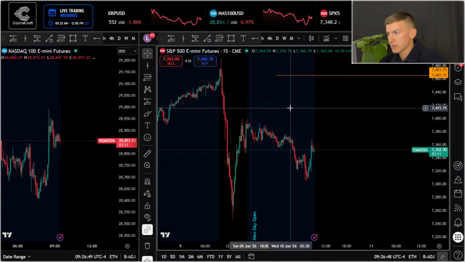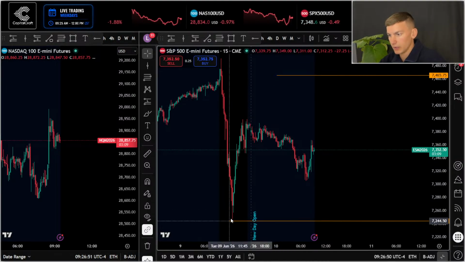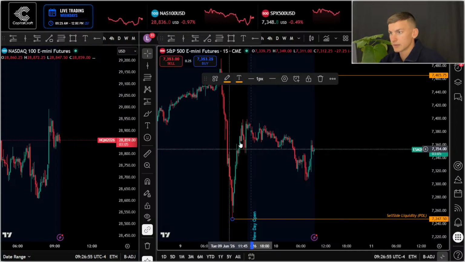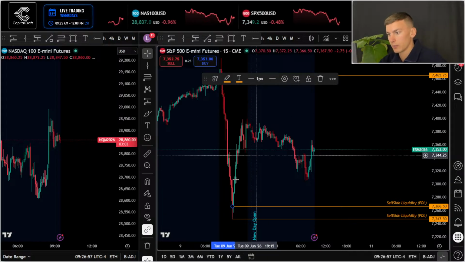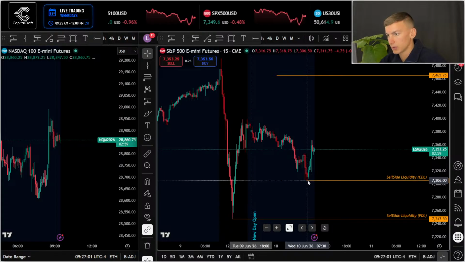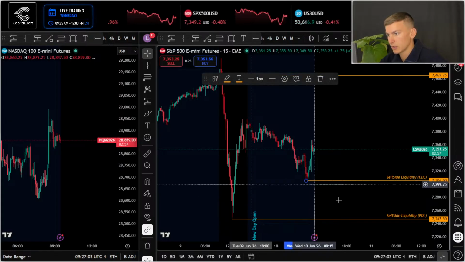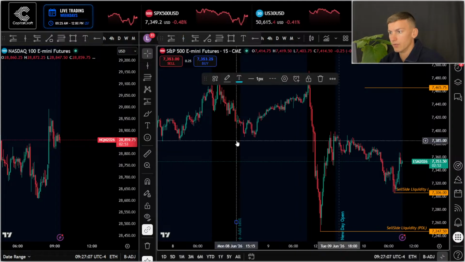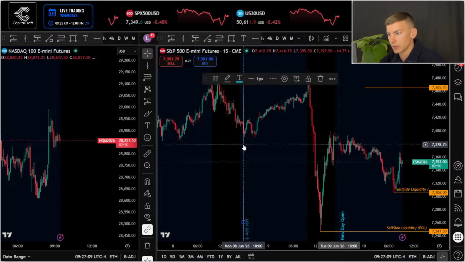Then on the S&P 500, we are going to go ahead and mark that as our previous day low. We can copy that and make it current day low. Apologies. So there you can see today's trading range. What I will do here is quickly put a vertical line on yesterday's opening price.